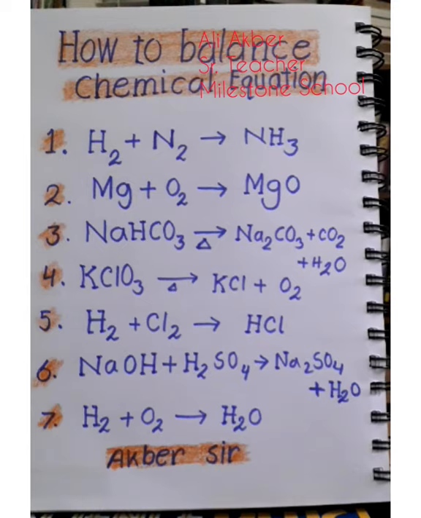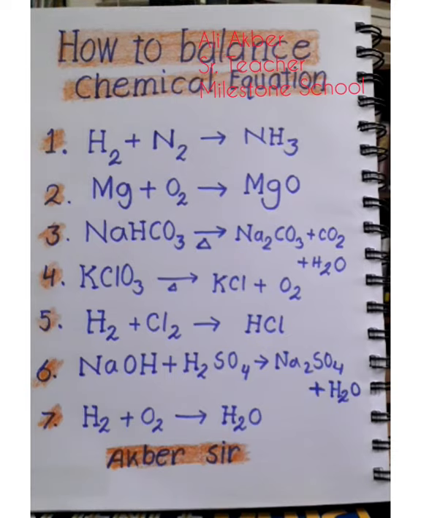And you see the number of nitrogen before the reaction is 2, and after the reaction, by multiplying ammonia by 2, the number of nitrogen atoms is 2. So before and after the reaction the number of nitrogen is equal. So we can say that reaction number 1 is balanced.